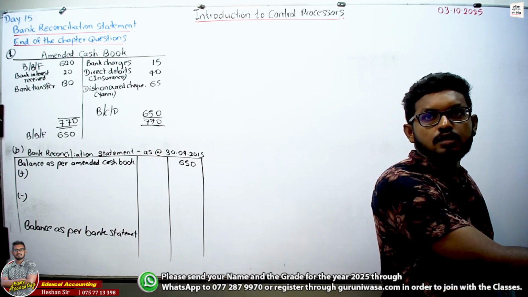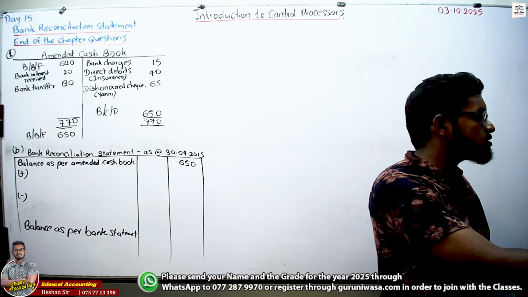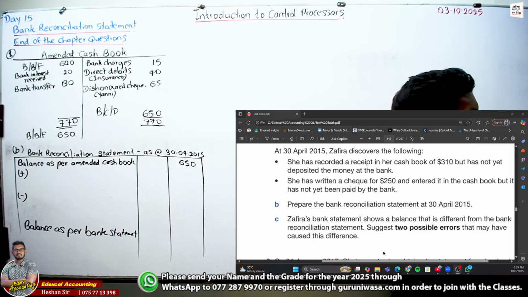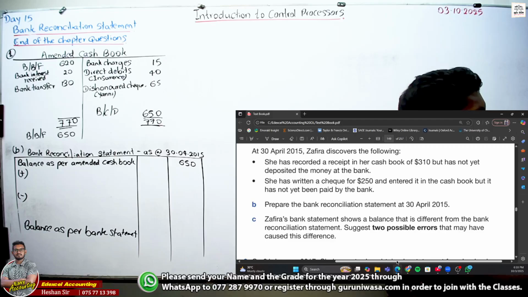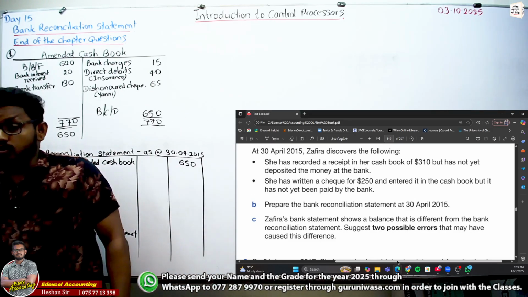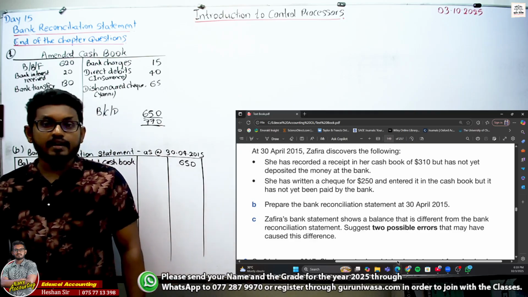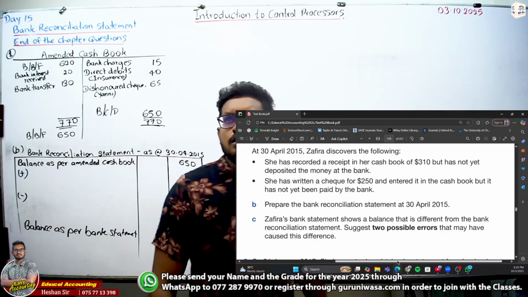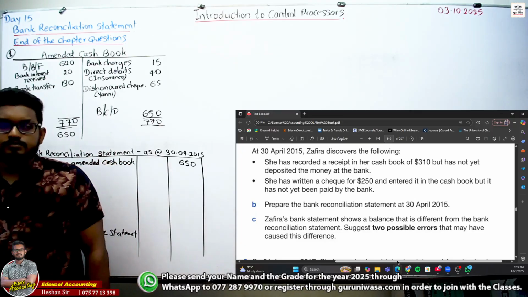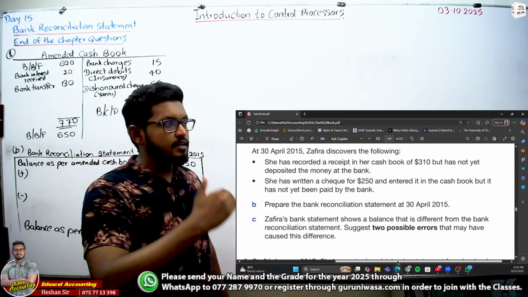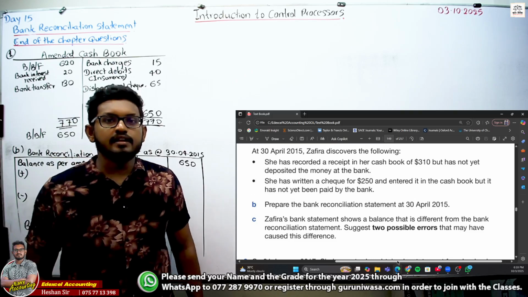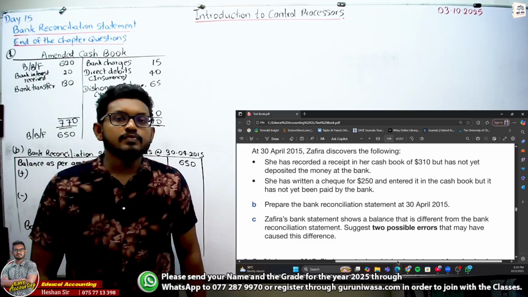Right. Now you can see these two reasons. Let's see the first one. Tell me whether it's an unpresented check or a bank lodgement not entered on the bank statement. First one: she has recorded a receipt in her cash book, 310. She recorded it on the debit side of the cash book, 310, but it does not appear on the credit side of the bank statement.